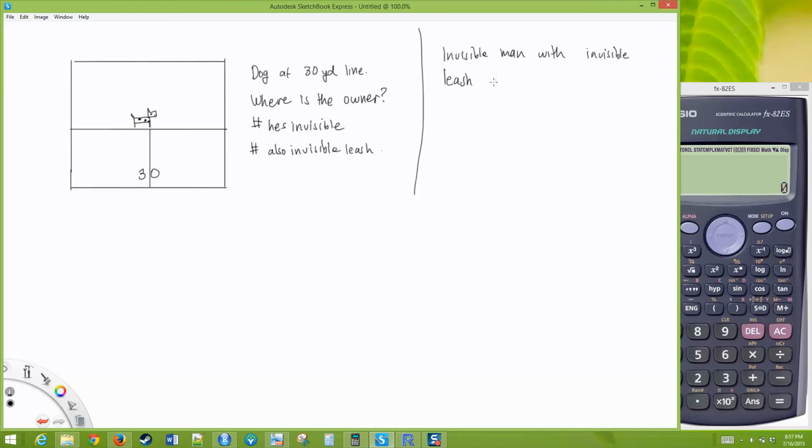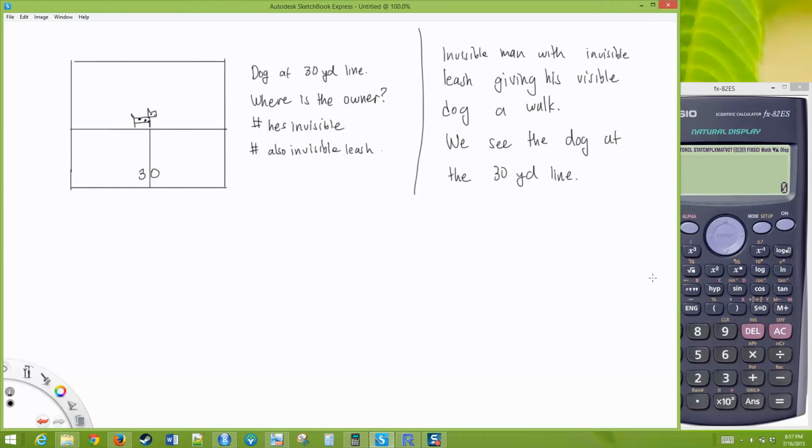Invisible man with invisible leash giving his visible dog a walk. Okay, and we see the dog at the 30-yard line.